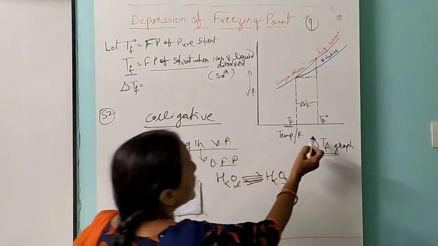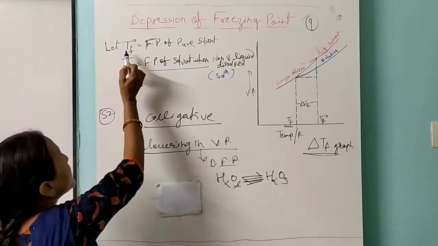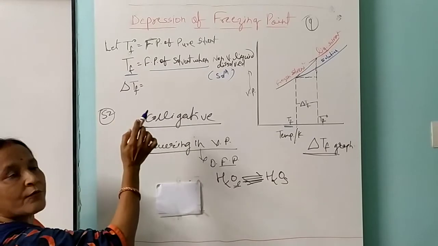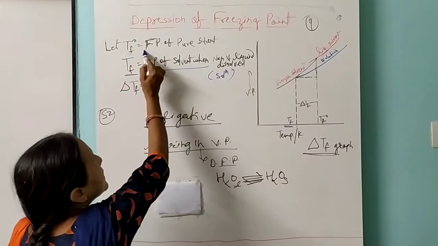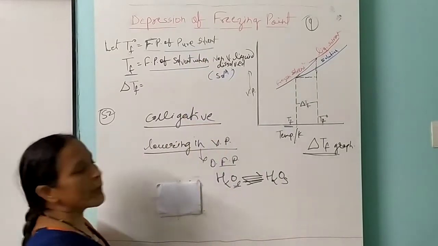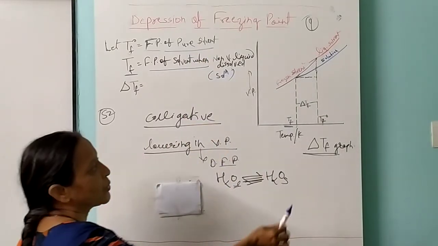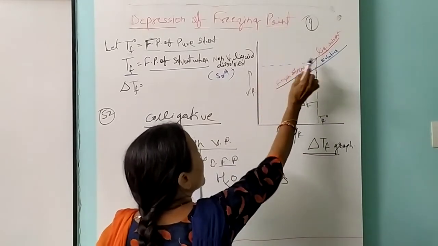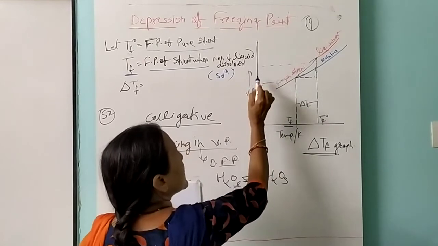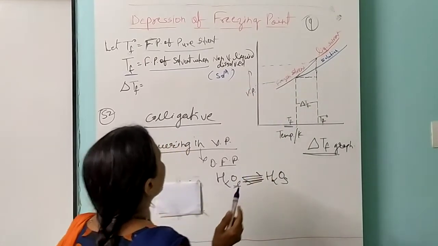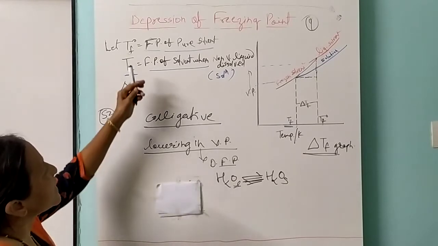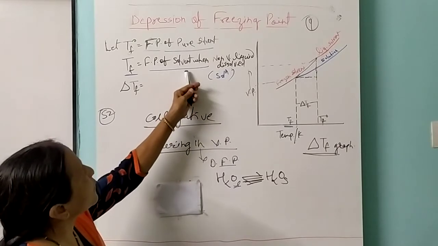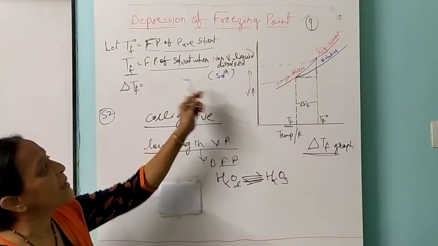Now T0F: T is the absolute temperature and F we write for freezing point. So T0F is the freezing point of the pure solvent. This value is greater, and this value is lesser. So here is the freezing point of pure solvent, and the freezing point of the solvent when a non-volatile substance is dissolved.